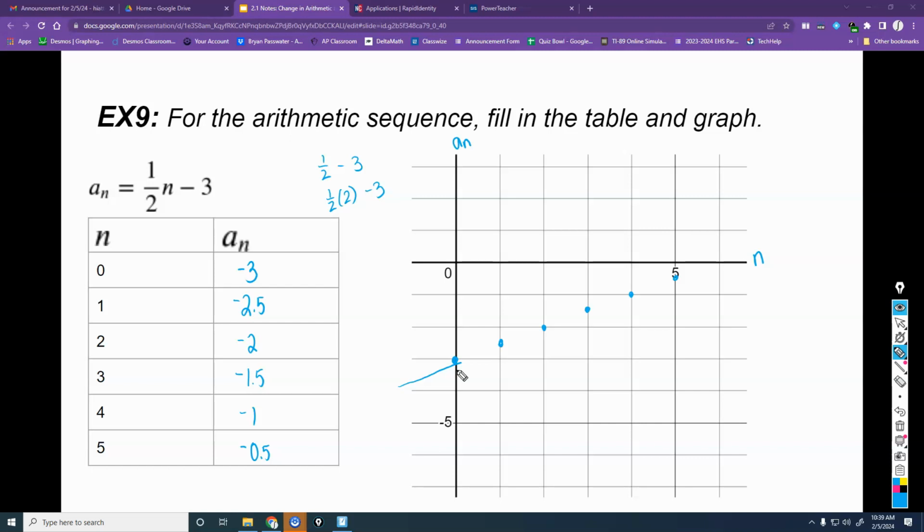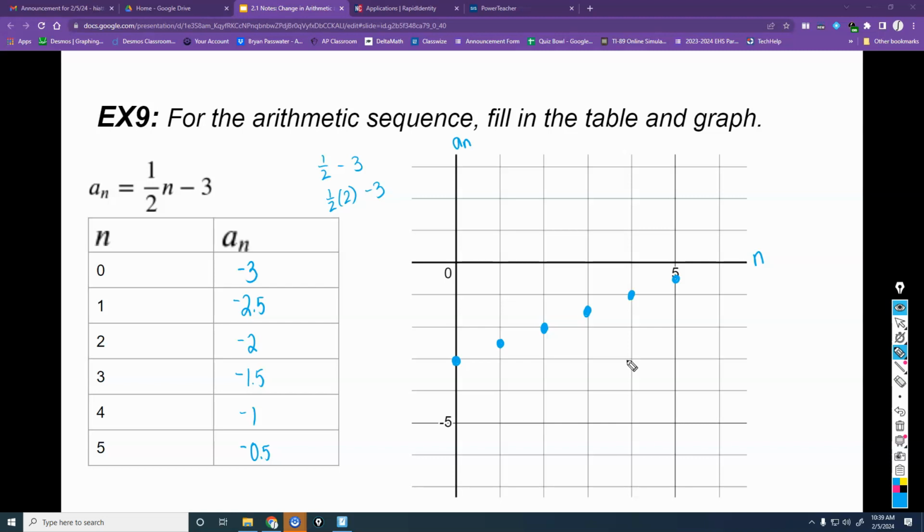I was about to draw a line through that, and I cannot, right? This is a sequence, so let me back that up a second. These points are our graph. I want to draw a line so desperately there, but sequences can only have the whole numbers plugged in, so we're not drawing a line. We just have these points. There's a lot of things in life that would be sequences.